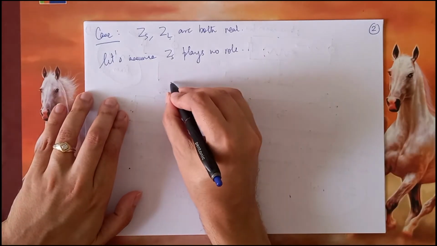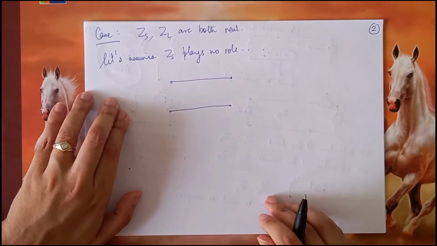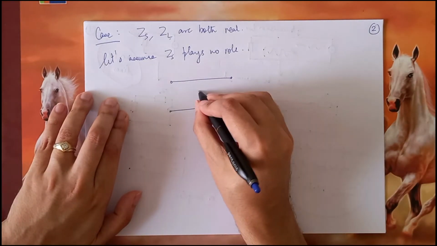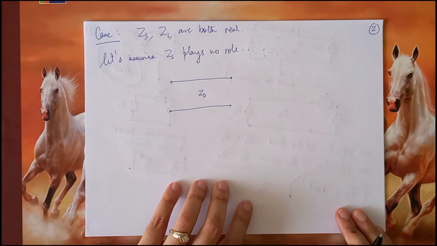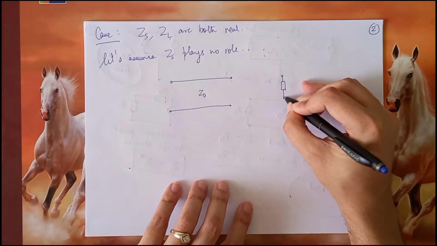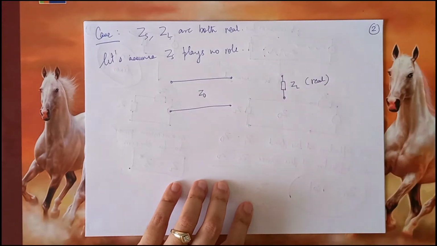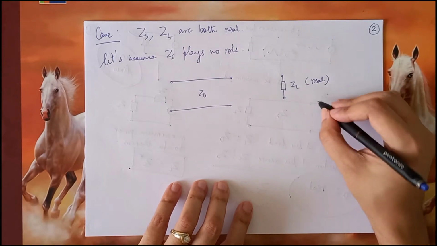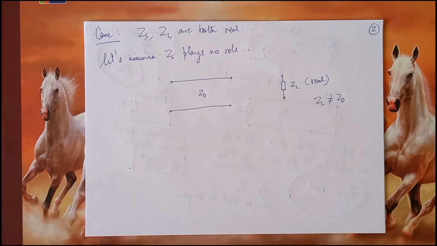But what we can say is that supposing this is a transmission line, a lossless transmission line of characteristic impedance Z0, and this is to be connected to a real load ZL. But ZL and Z0 are not equal.